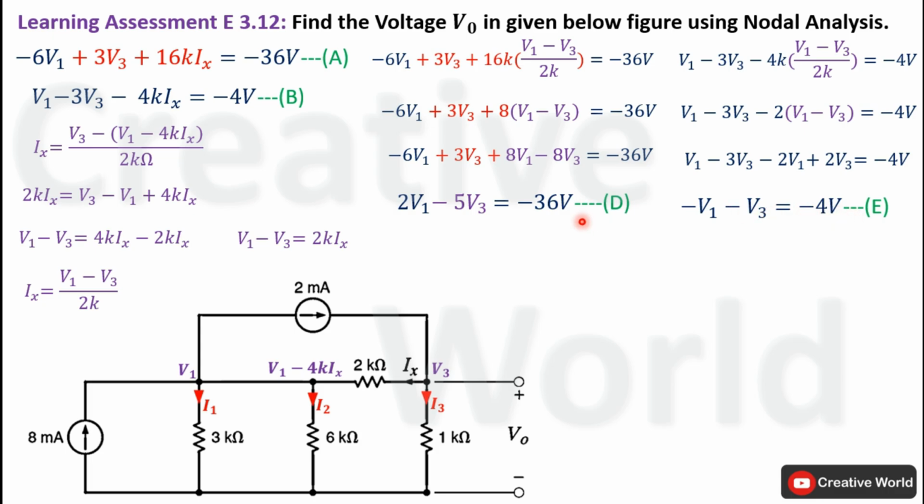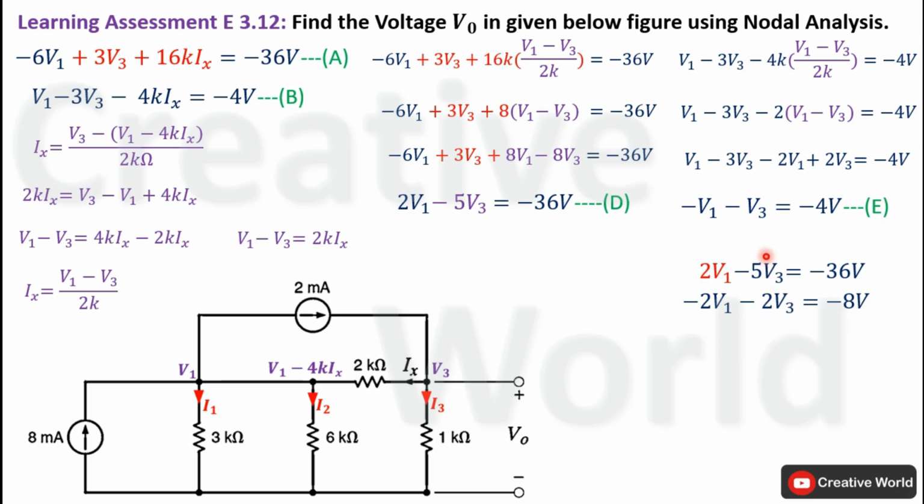Now these both equations have two variables. One of them is V1 and other one is V3. We are interested to calculate the value of V3. For that purpose, we will take equation D as it is and multiply this equation E with 2 and add that resulting equation to equation D. Product of 2 with this equation E will be minus 2V1 minus 2V3 equal to minus 8 volt.